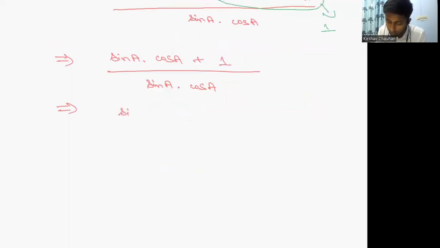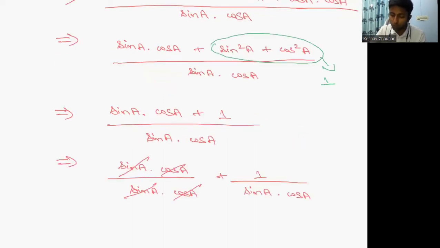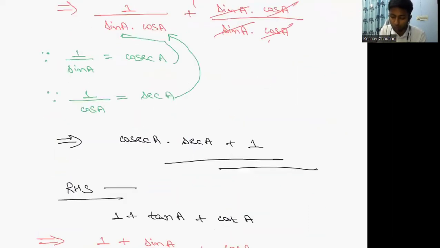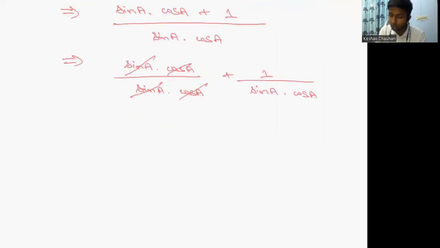So it would become sine A into cos A on sine A into cos A plus 1 upon sine A into cos A. Sine A will be cancelled out from sine A, cos A will be cancelled out from cos A. A little bit before in the LHS, we got to know that 1 upon sine A is equal to cosec A, and 1 upon cos A is equal to sec A. So we'll put this here as well.